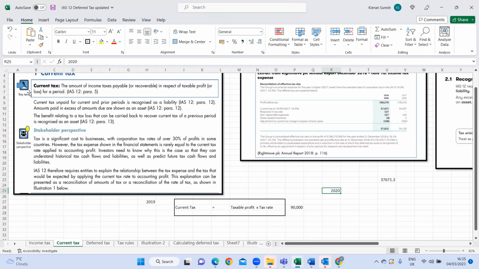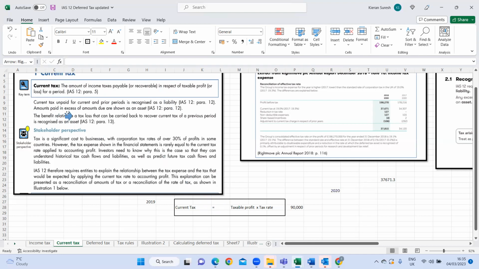So the amount of income tax payable in respect of taxable profit for the period is known as the current tax. Current tax unpaid for the current and previous years is recognized as a liability. If you have any unpaid current tax, that needs to be shown as a liability.